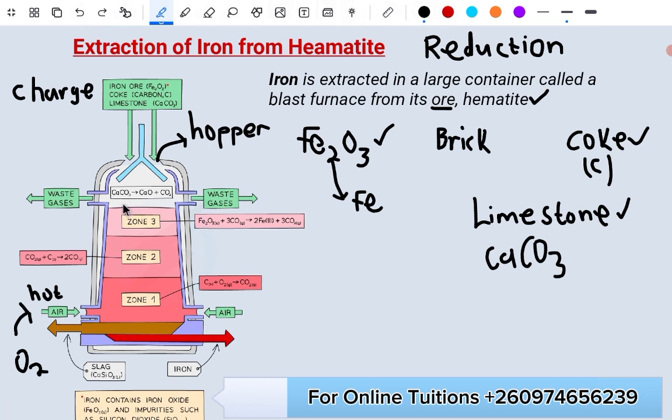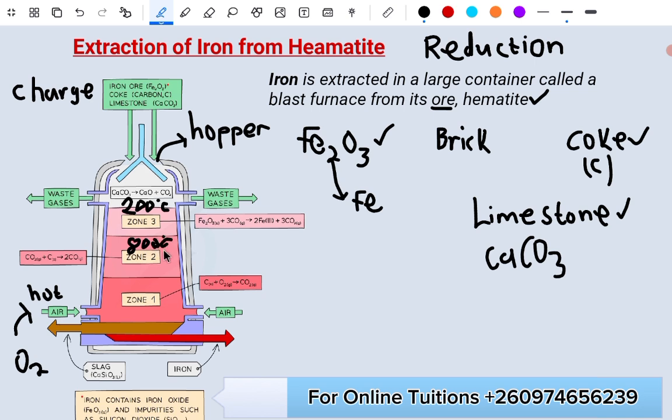Yeah, so it's 200 degrees Celsius. Then here zone 2, it's about 700 to 800. You also need to know these temperatures.